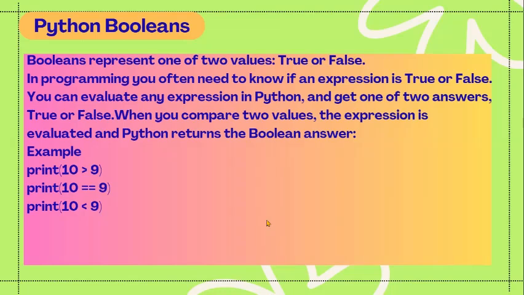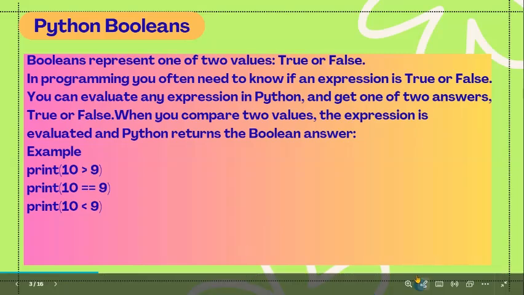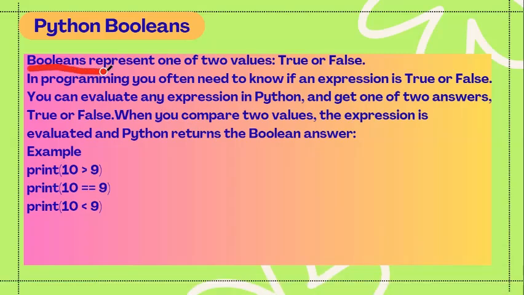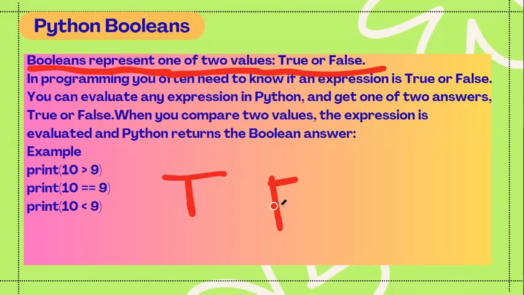Booleans represent one of two values, true or false. Boolean means true or false.